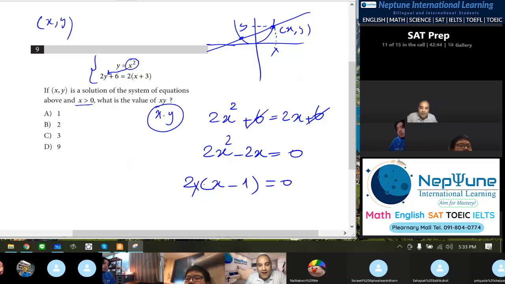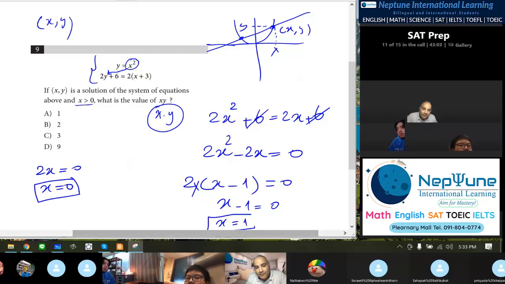Now, zero product property, so 2x equals 0. Therefore, x equals 0. But we don't want this solution. We want the other one because x is more than 0. X minus 1 equals 0, so x equals 1. Two solutions, x is 0 and x is 1. I want the positive one.